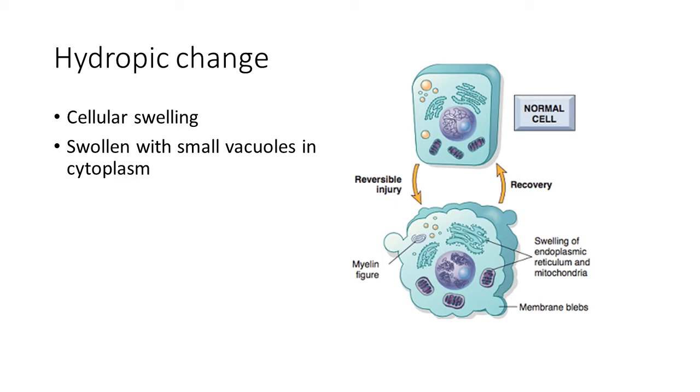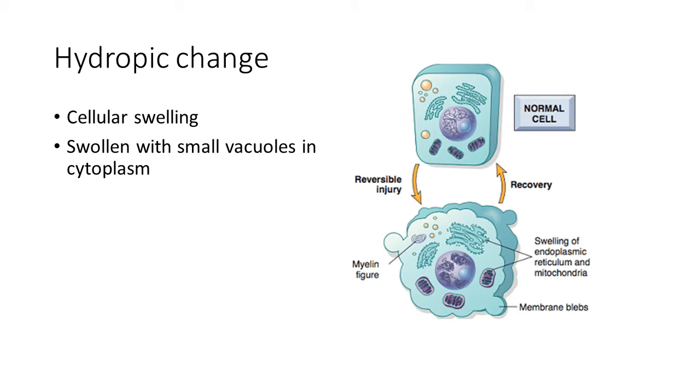In our earlier video, while discussing the pathogenesis of cell injury, we saw that due to depletion of ATP, there is defective functioning of the sodium potassium pump. This defective functioning leads to escape of potassium from the cell and influx of sodium into the cell.